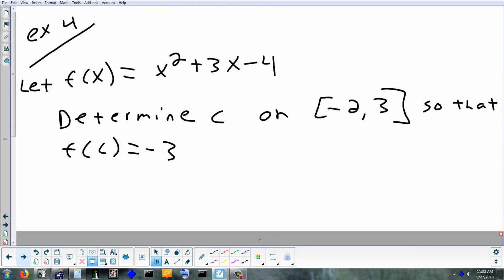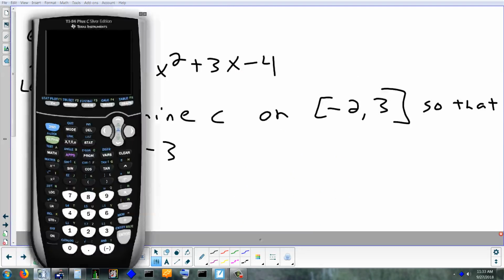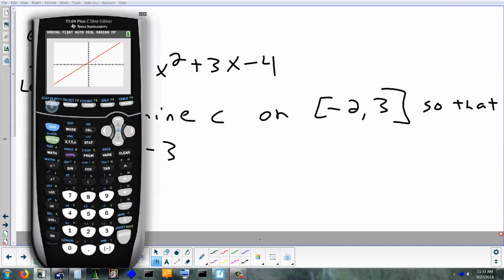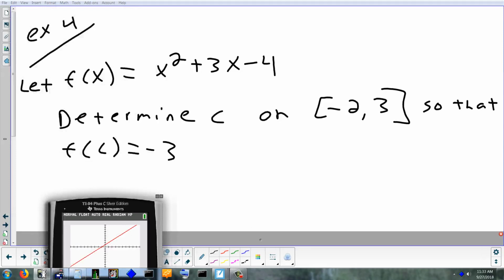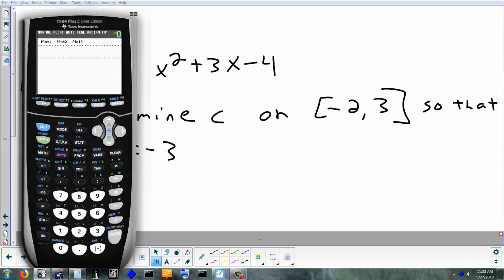Okay, so this is a parabola. Let's graph it just so we can look at it. x squared plus 3x minus 4. Okay, so what I could do is limit my window. I'm only looking between negative 2 and 3.